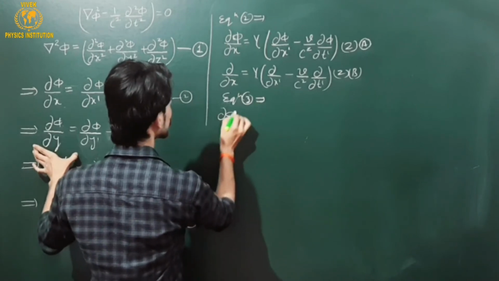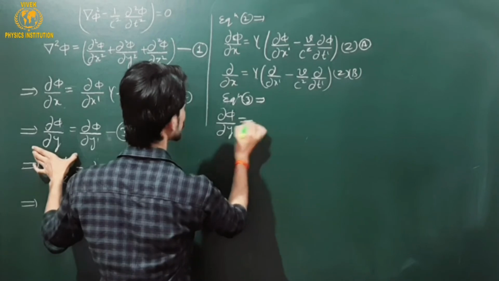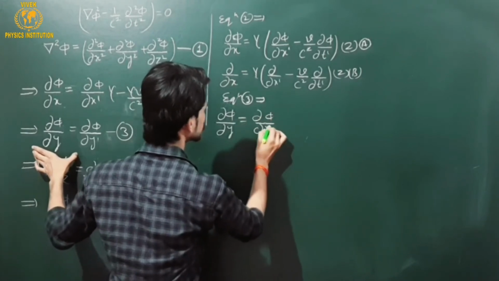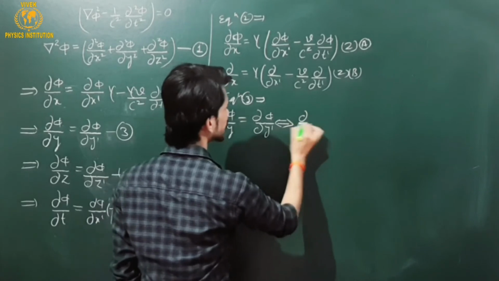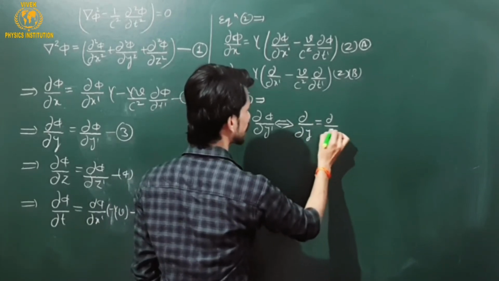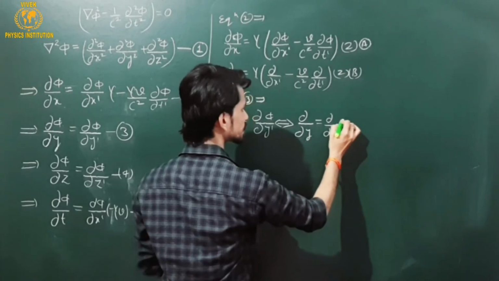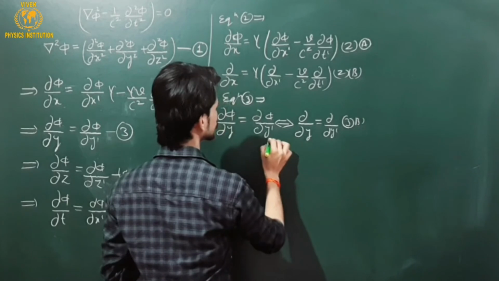This will be ∂φ/∂y = ∂φ/∂y', and this will vanish out as ∂/∂y = ∂/∂y' without φ. Let's say this equation is 3b and this is 3a.